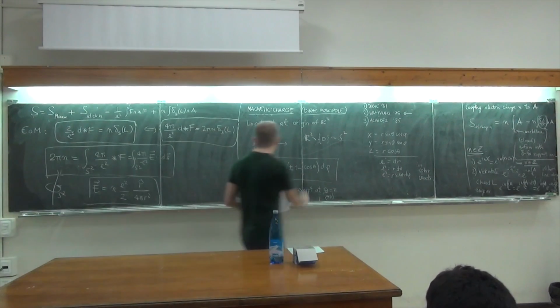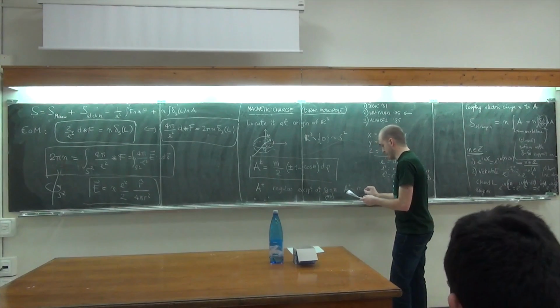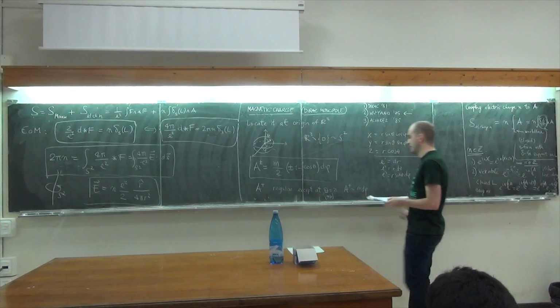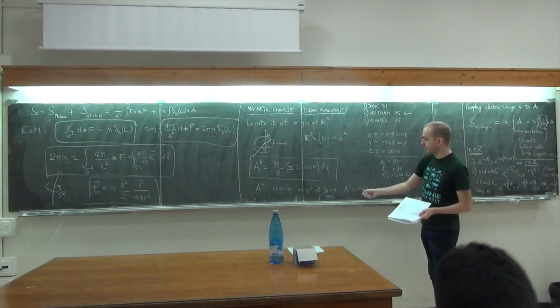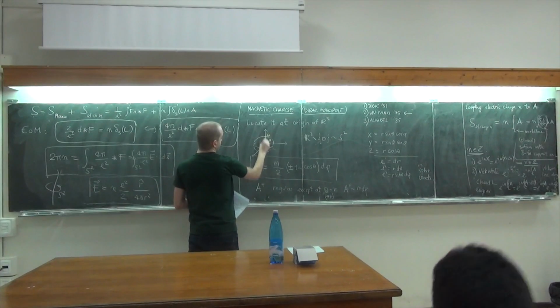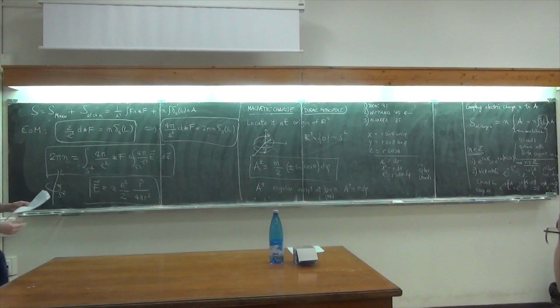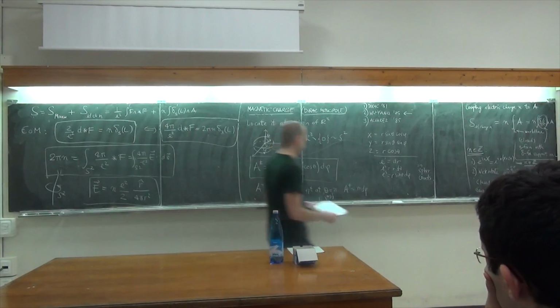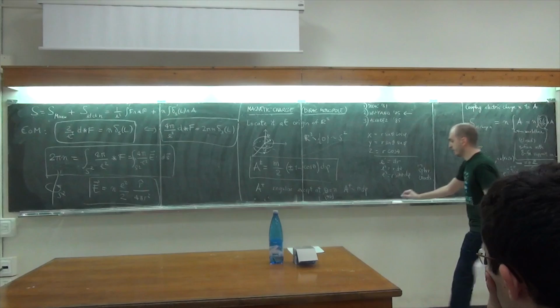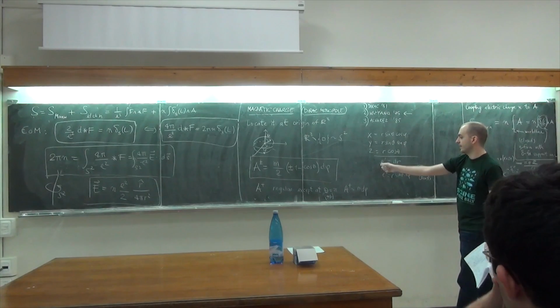Because at the south pole, A plus goes like this, m d phi, but the angular coordinate phi, which describes this azimuthal rotation, is not well defined at the north or the south pole.